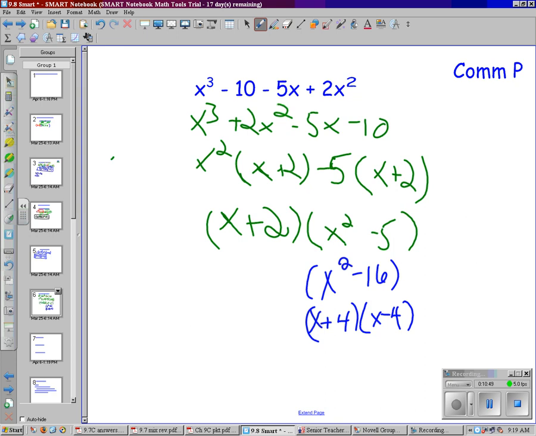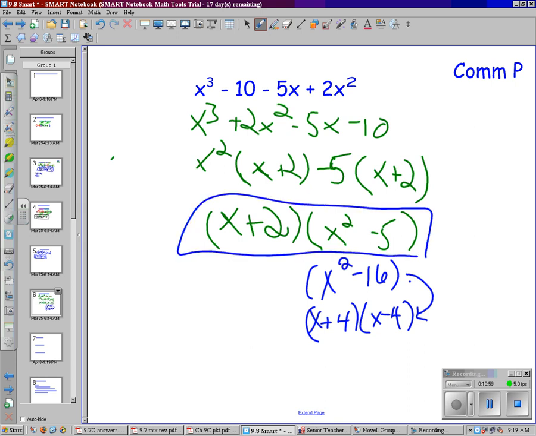Factoring completely. Here, yes, you factored, but this would have to keep going. X squared minus 5, is it done? Absolutely. So we're okay here. But if I had x plus 2 times this x squared minus 16, I would now have 3 factors in my answer in the end. Okay, just FYI, hint, hint, wink, wink, test.